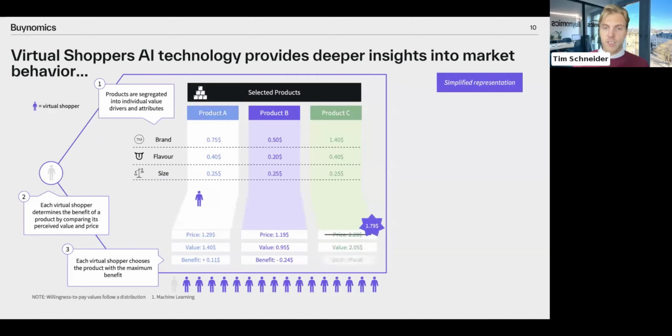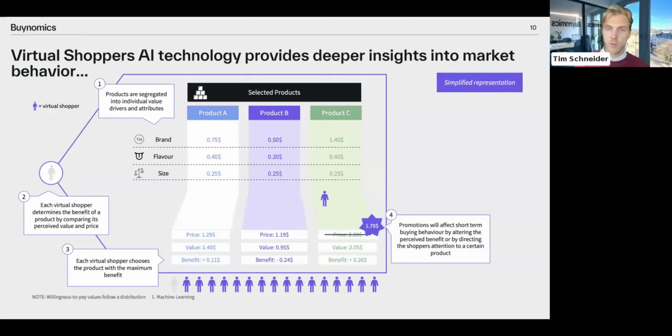And when something changes in the market, we also know what will happen. When we reduce the price of product C, for example, the benefit is now larger for the same virtual shopper, and that shopper would switch to product C. In the same way, if we introduce a larger size of product B but keep the price the same, the benefit for product B is now the highest, so the same virtual shopper would buy product B. And that happens for each virtual shopper.